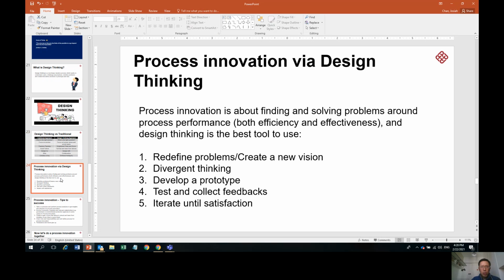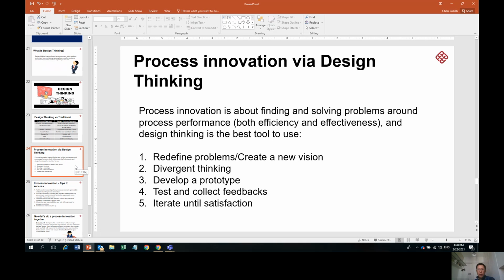Okay, so how do you use this design thinking approach and methodologies to do process innovation? Process innovation is about finding and solving problems around process performance, both efficiency and effectiveness. Innovation is always about solving new problems. Your existing process may work fine, but there are always areas you can improve in terms of both efficiency and effectiveness.